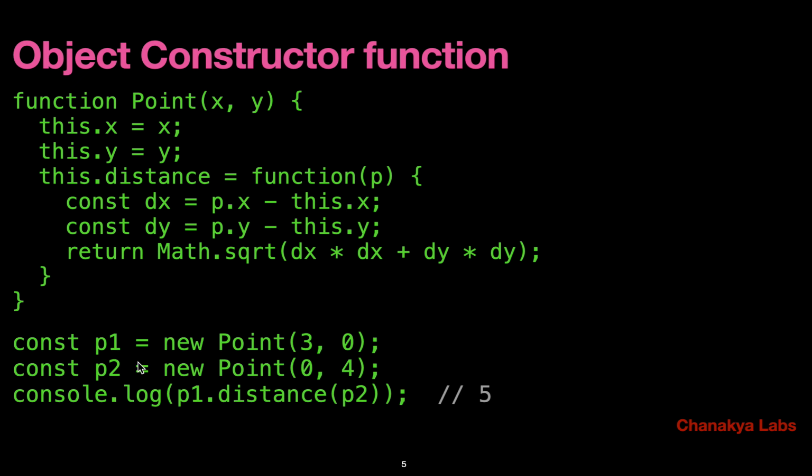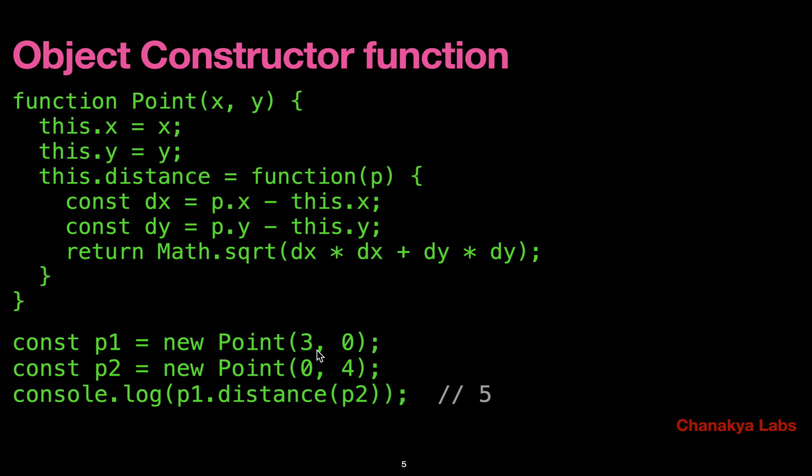You can create one point, a second point, and then do p2.distance(p1) or p1.distance(p2), anything you can do. Then you will be able to find the distance between p1 and p2.